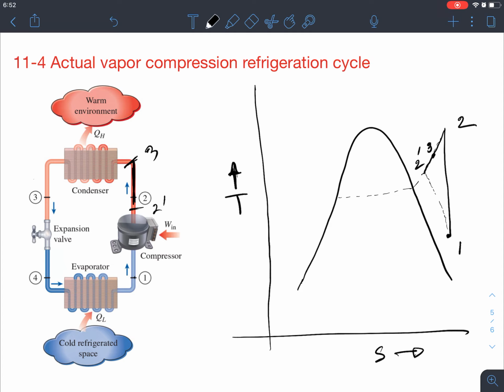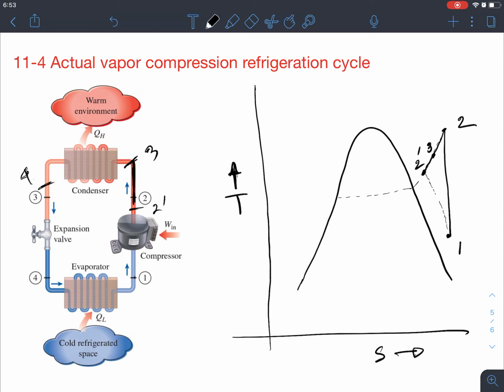However, in the actual case, the pressure will not reach the ideal point, and the temperature will also decrease due to this long duct. We have to somehow insulate this duct.